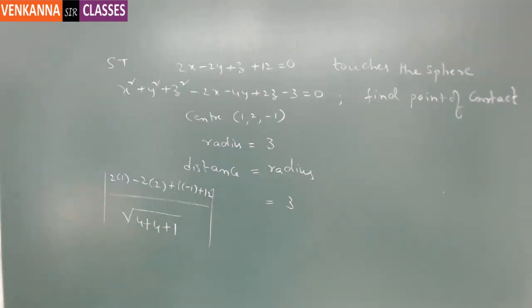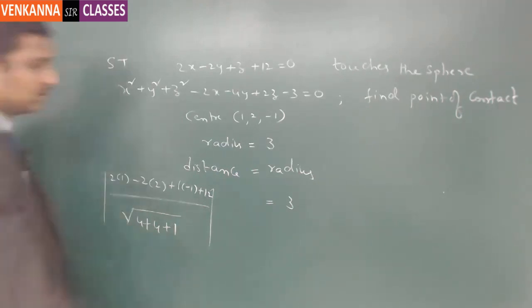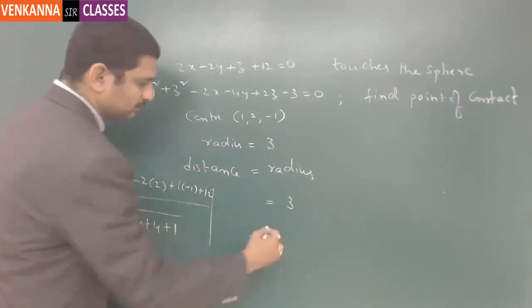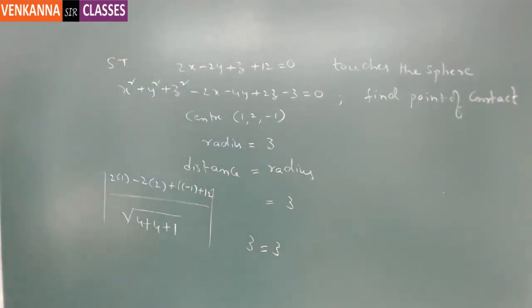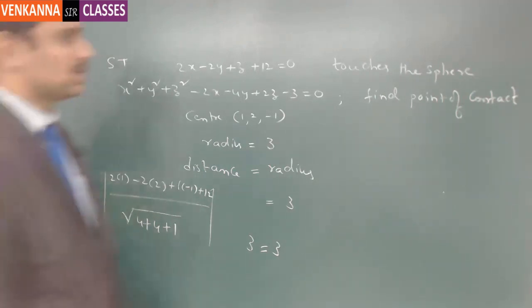Please check on that, are these values equal or not? So you are getting 3 is equal to 3. Distance is equal to radius. Please check. For a rough visualization, you can have the picture like that.